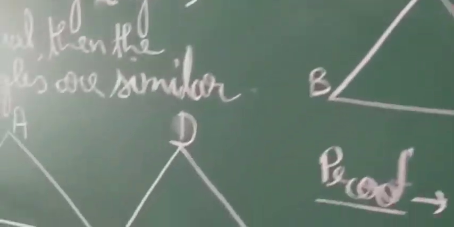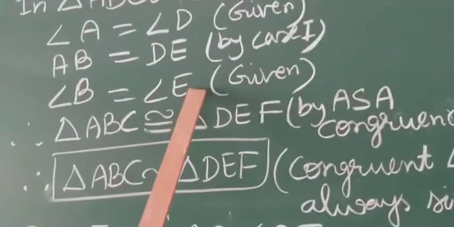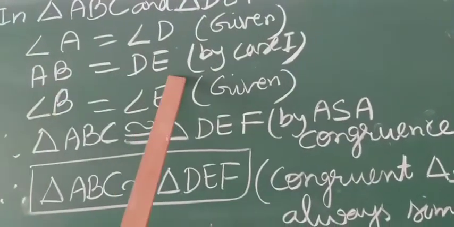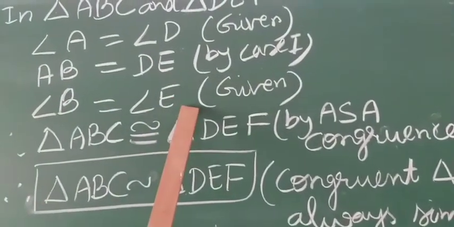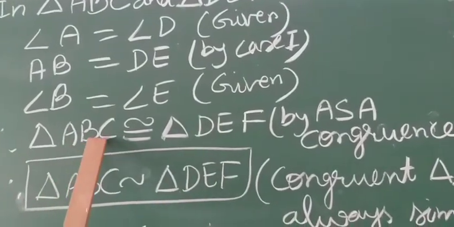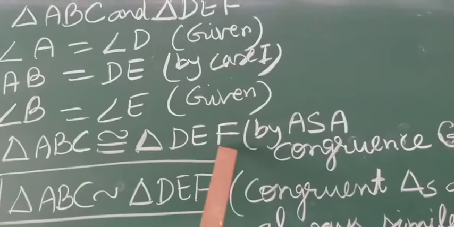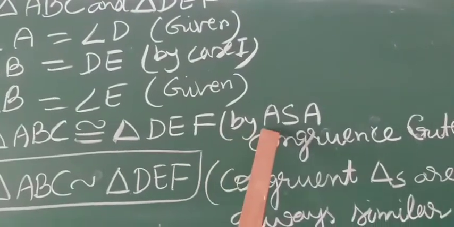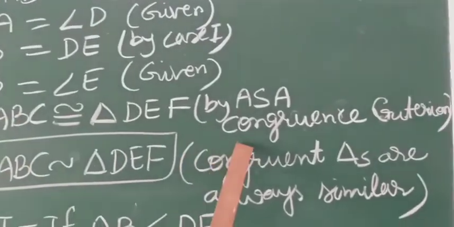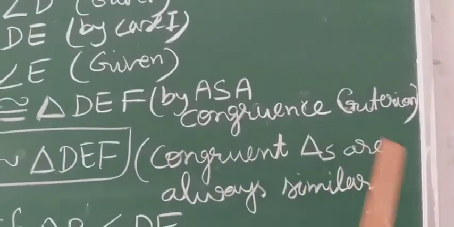Okay, student. Angle B equals angle E is also given to us. So student, angle A equals angle D, AB equals DE and angle B equals angle E. So both triangles are congruent. Triangle ABC is congruent to triangle DEF by ASA, angle side angle congruency criterion.